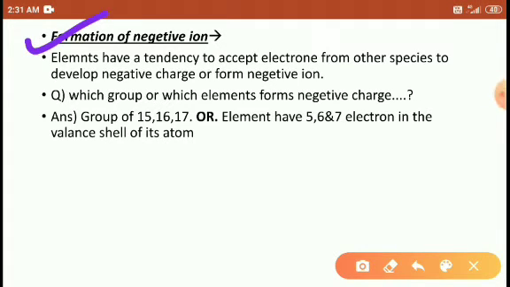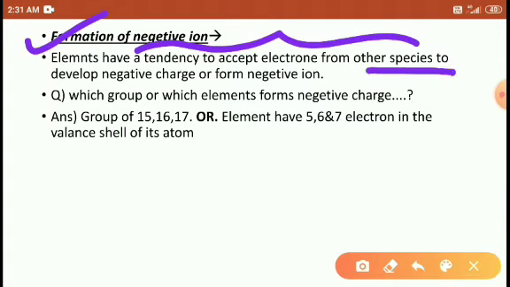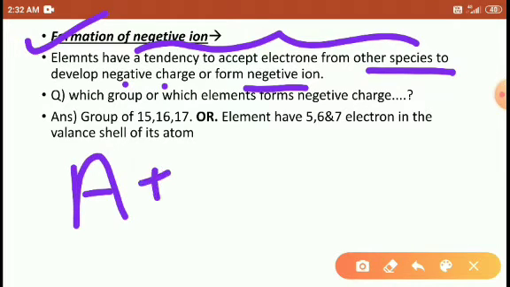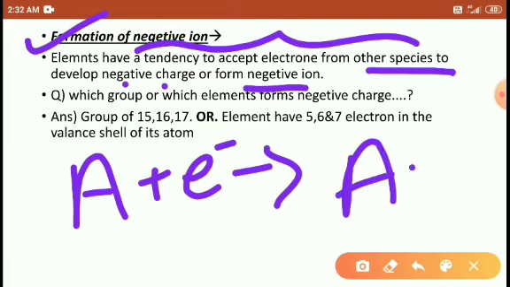Elements have a tendency to accept electrons from other species to develop a negative charge or form negative ions. Whatever species there is, if A accepts an electron, A minus is formed, a negative charge.